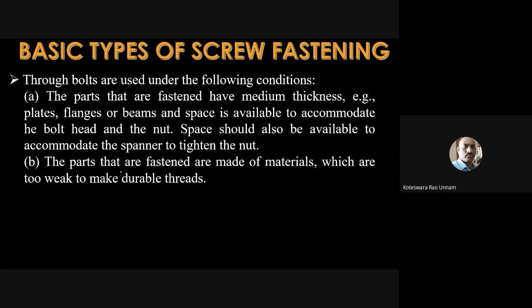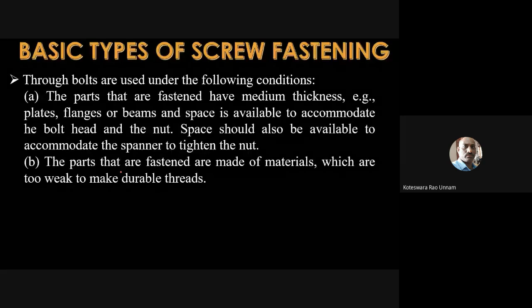Then, the parts that are fastened are made of materials which are too weak to make durable threads. See, here we are connecting two members. If I want to use set screws, cap screws or a tap bolt, then in the parts themselves I need to create threads.